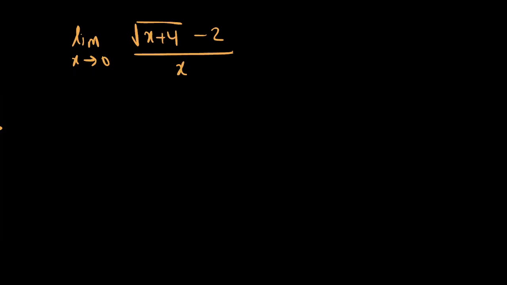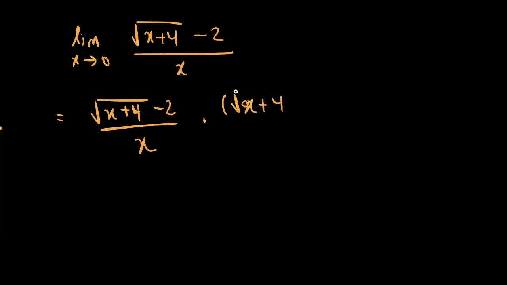So in this case, we get the square root of x plus 4 minus 2 over x, and we multiply by the conjugate of this numerator term. So that would just be the square root of x plus 4 plus 2. So we multiply both the numerator and the denominator by this.